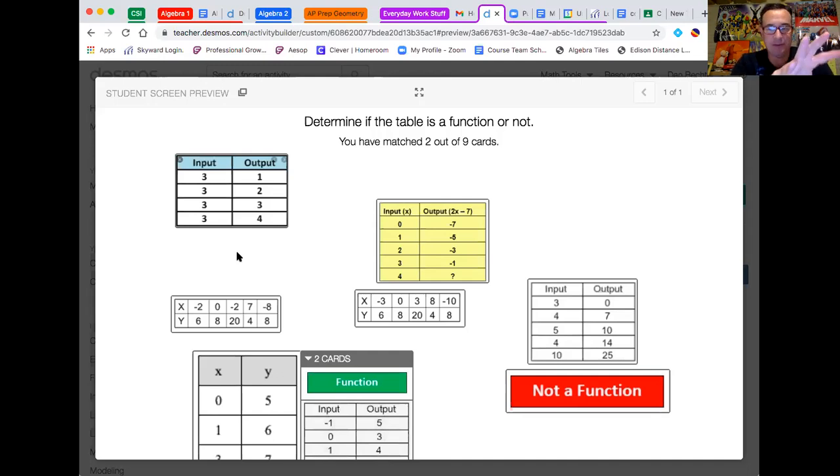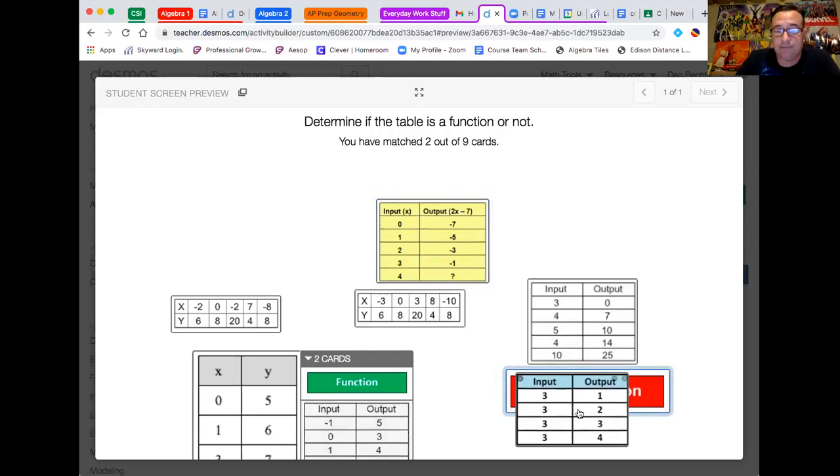I would love to see more people say this. America says no. Lydia and America, you are both correct. Our input repeats. All of these are threes, and they don't go to the same number. 3 goes to 1 and 2 and 3. If the X repeats and it goes with different things, this is not a function.